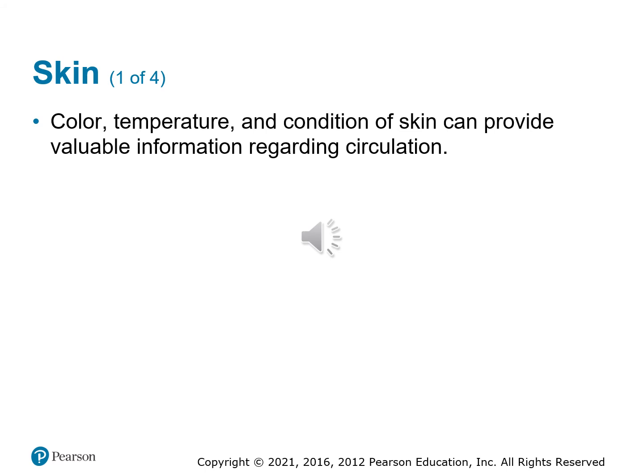All right, the next important piece of this assessment process that we're learning about here is the skin itself, and how we evaluate the skin. What we're looking for is color, temperature, and the condition of the skin, because that provides you valuable information regarding circulation.